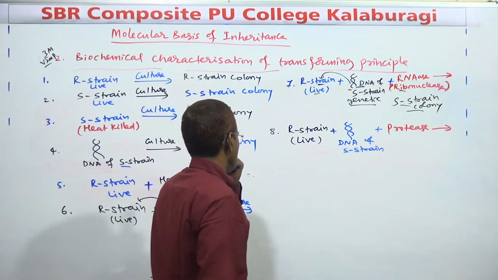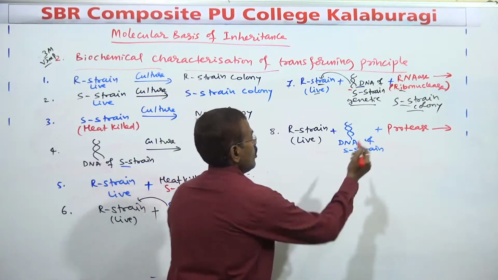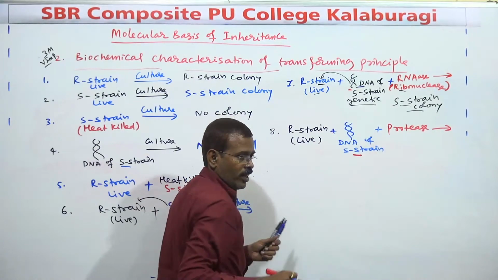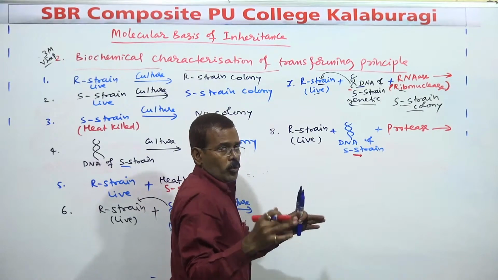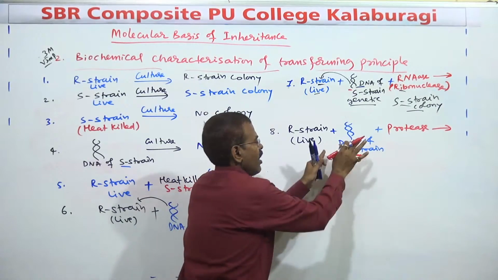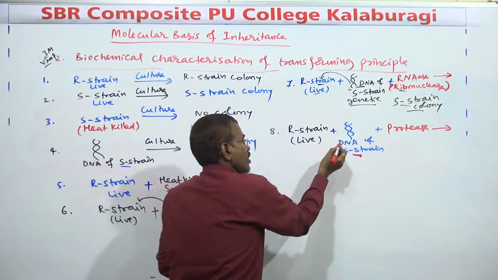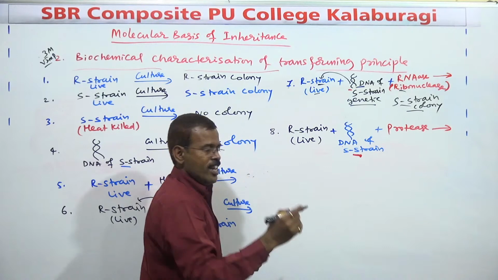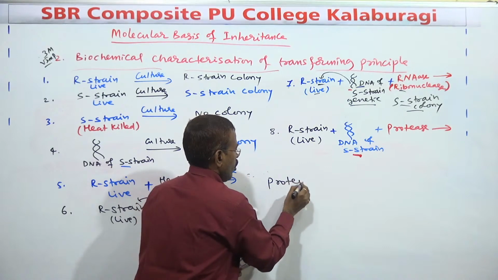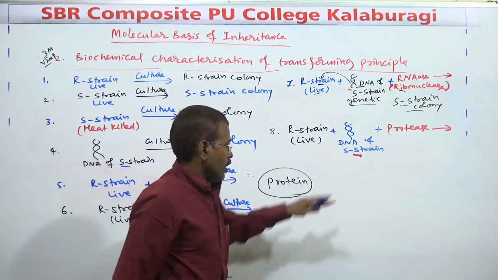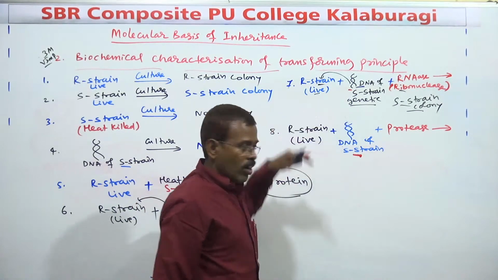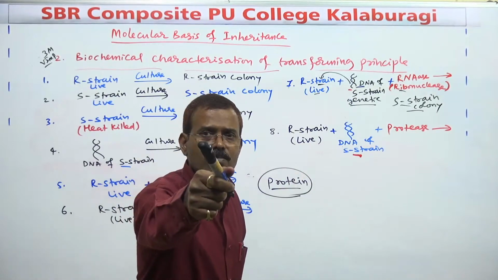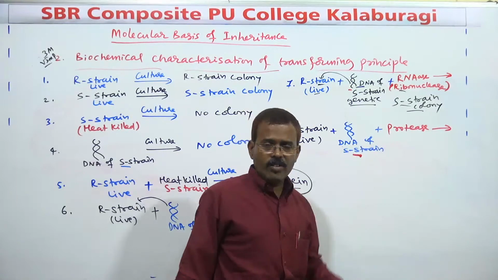Now listen carefully. Suppose this is genetic material. Think that we don't know exactly that it is DNA. It is just genetic material. If this genetic material which can enter the R strain is of protein nature, proteins can be digested by protease enzyme.